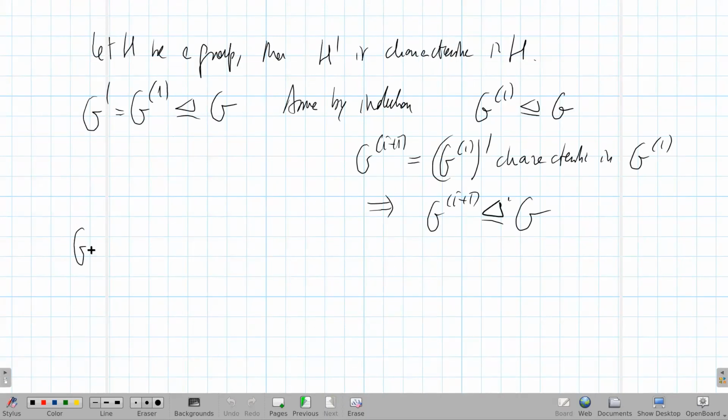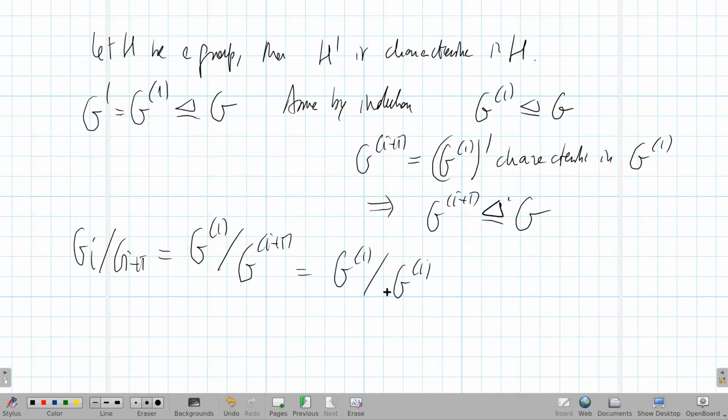G_i over G_{i+1} is nothing else but G_i over the derived subgroup of the previous one, and we have proved that a group over its derived subgroup is abelian. So there we are.